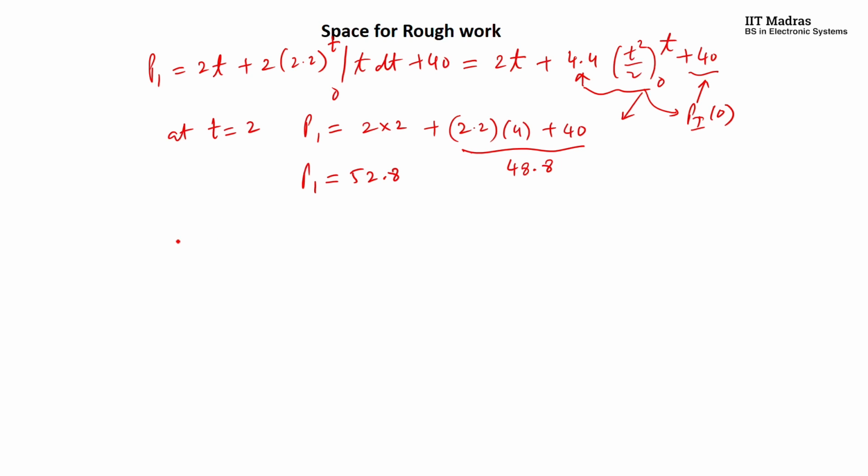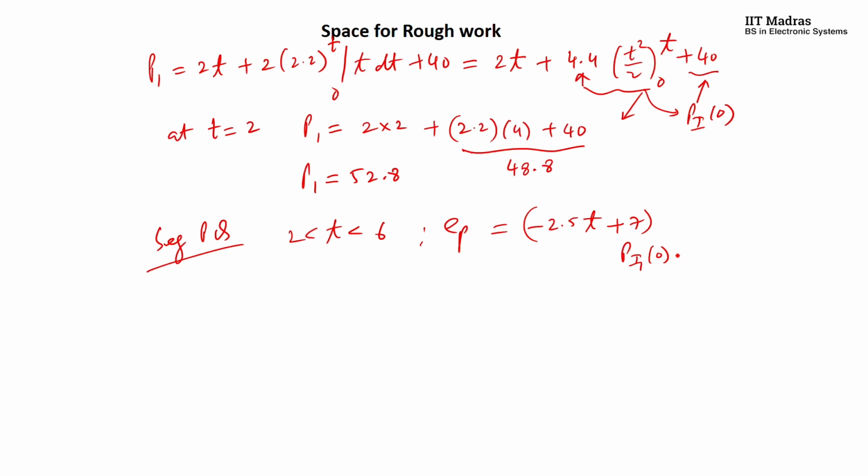Now let's take the segment PQ, the second segment. Here T is between 2 and 6, and EP is equal to minus 2.5 T plus 7. And Pi1 of 0, I would call it the previous integration component, 48.8. Now when you evaluate this whole thing, you are going to get P2.